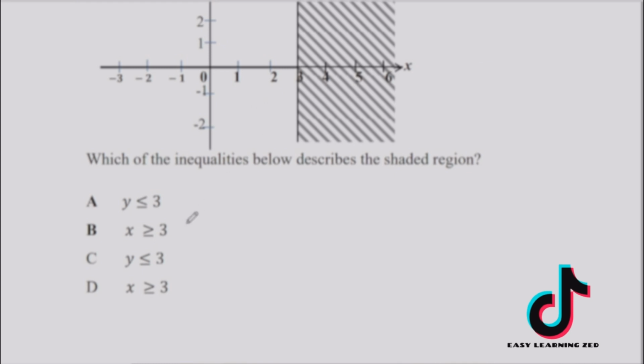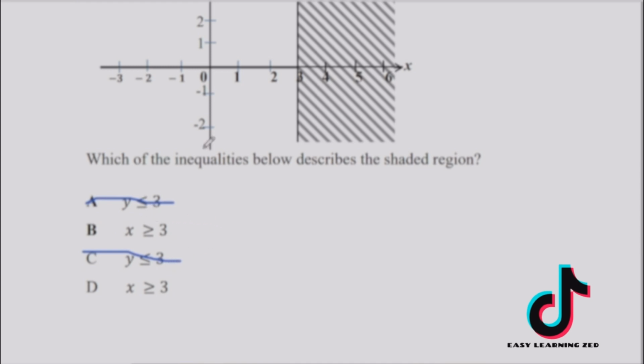That's why in our statement, we should consider only those that have x. That means A and C are out, unless this line was crossing the y-axis. Since this line is crossing the x-axis, we should only remain with the statements that have x in them.